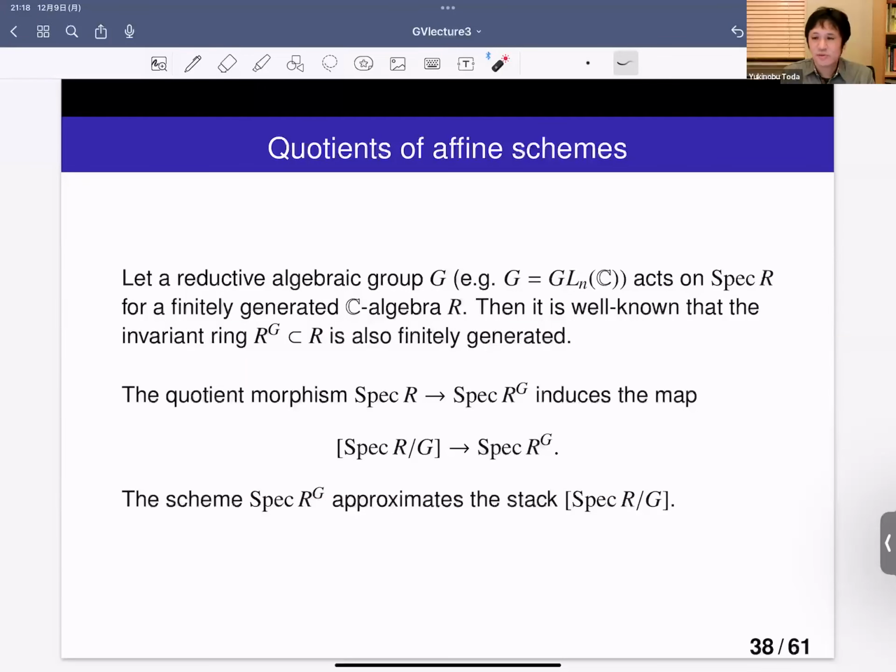In fact, this map induces a map from this stack to the spectrum of the invariant ring. In some sense, this scheme approximates the quotient stack.